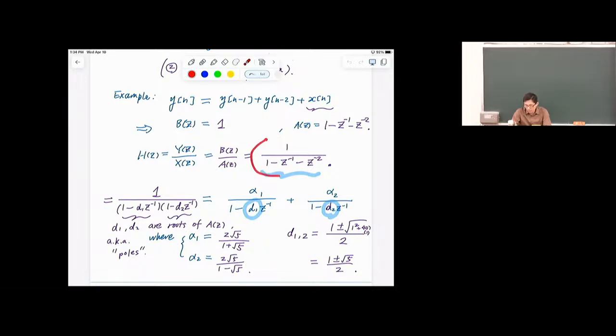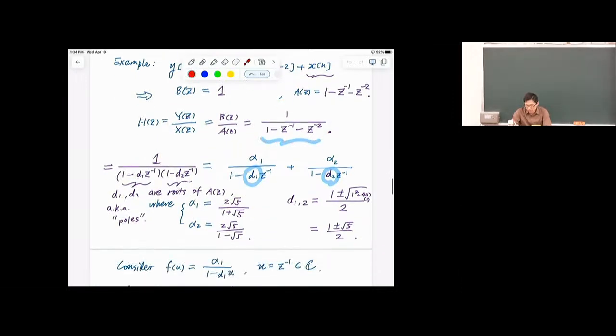From b of z divided by a of z, the trick is that first we factorize the denominator, 分母的地方, factorize a of z by this expression as a product of terms like 1 minus the root of a of z times z inverse. Okay, root 就是根啊.